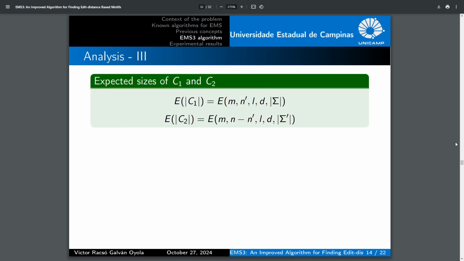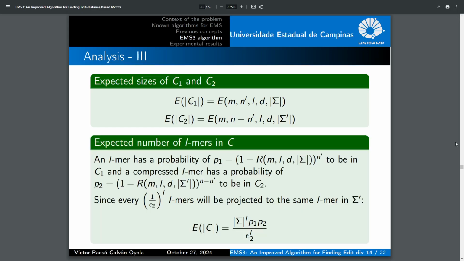Now the expected sizes of C1 and C2 are obviously obtained by replacing our parameters into the formulas. There's no magic in that. And the expected number of Elmers in C, which is going to be our final candidate set. Notice that C1 and C2 are the candidate sets before merging, and C is the result after merging.